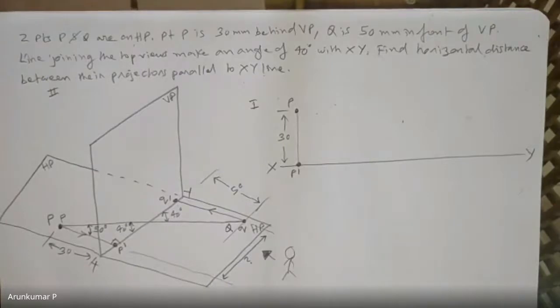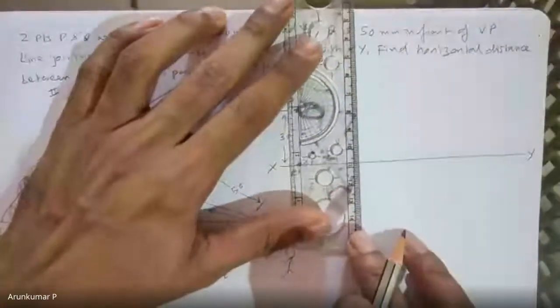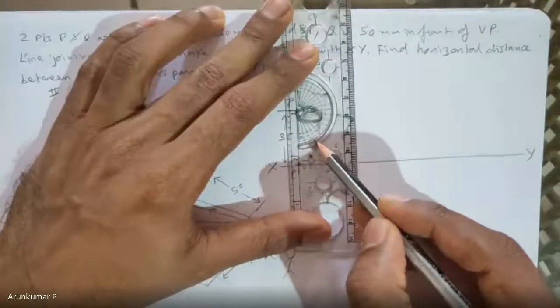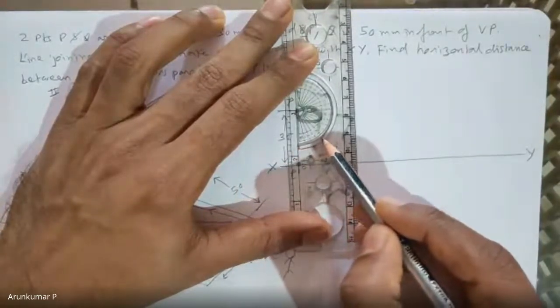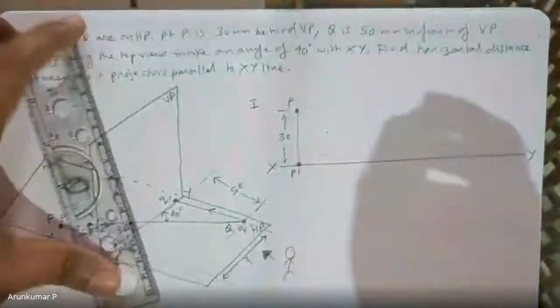Now you can use a protractor at 50 degrees. So 10, 20, 30, 40, 50. So around here, somewhere around here. 50 degrees.